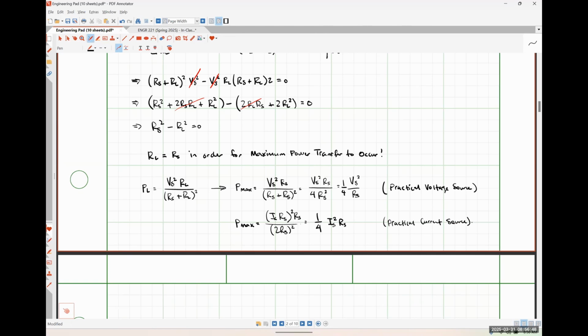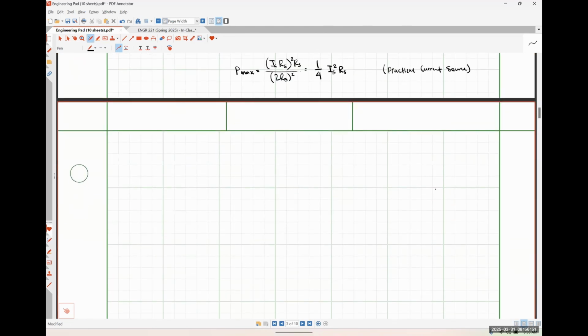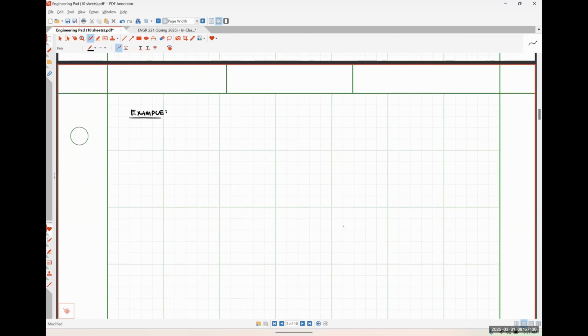So let's say that we have the following circuit. I'm intentionally making this guy fairly straightforward since I've been at this for an hour.